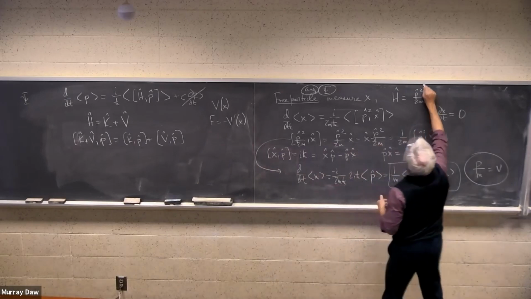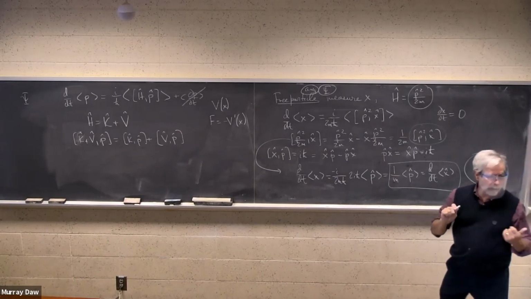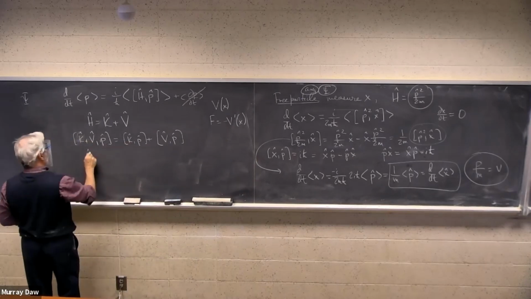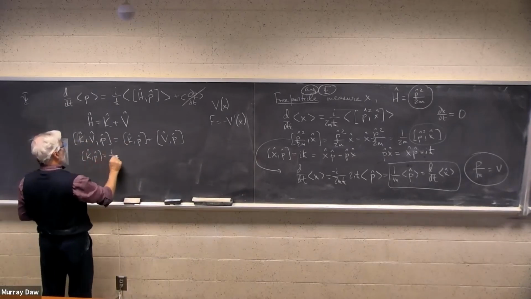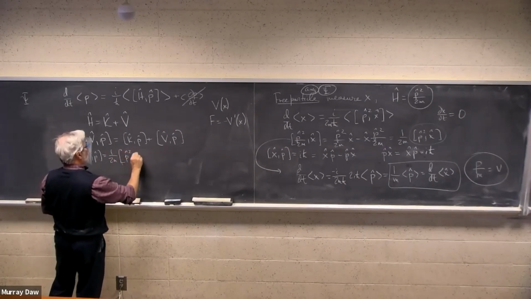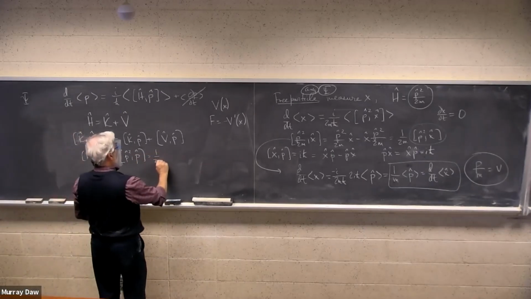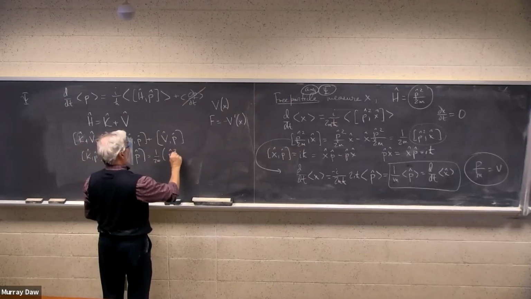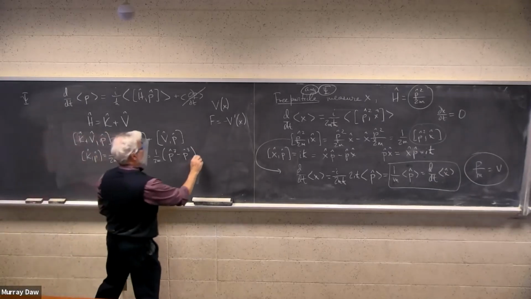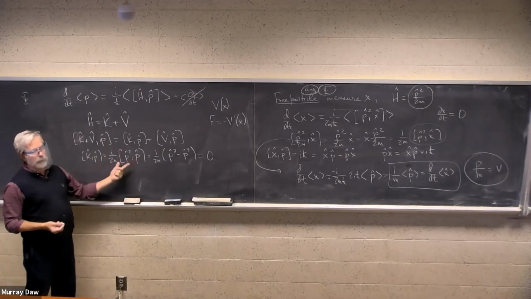This is K, the commutator of P squared with P. P squared times P is P cubed, and P times P squared is P cubed.